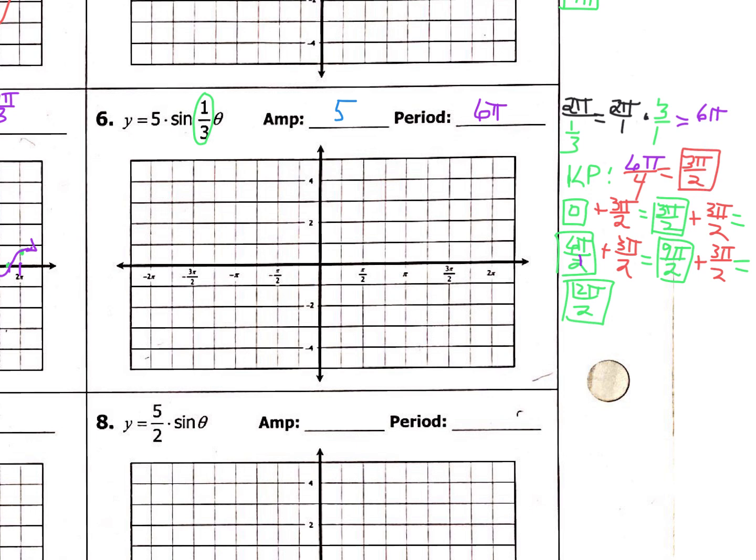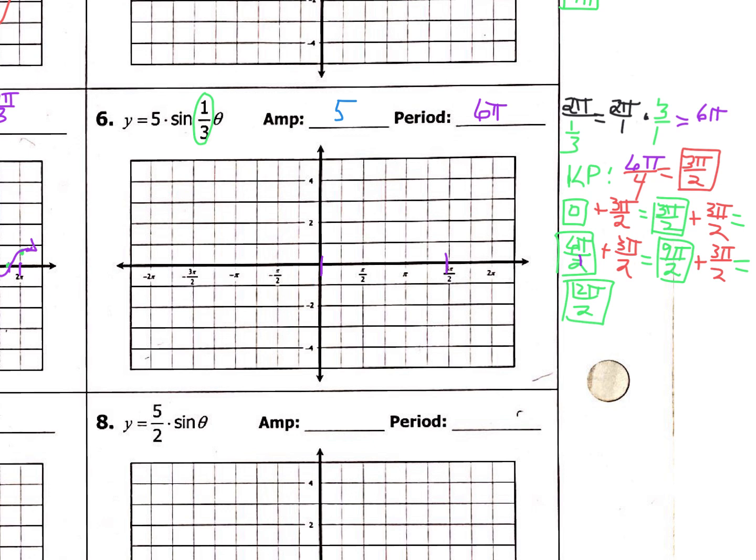So let's mark each of these key points out as far as we can go. I'm going to mark by 1.5 pi's, because that's what 3 pi over 2 is, 1.5 pi. So I start at 0, and if I count 1.5 pi, here's my next marker. So you can see this one's really stretched out. That's as far as I can get, is 2 key points.